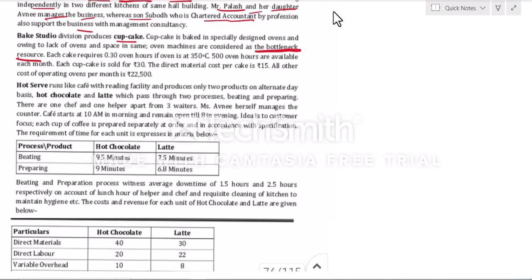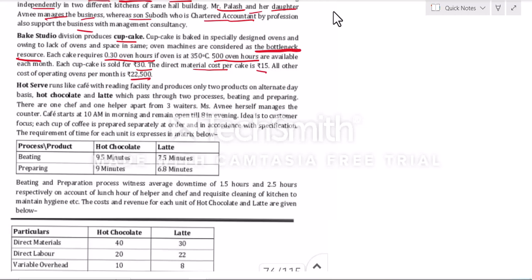Each cake requires 0.3 oven hours if oven is at 350 degrees Celsius. 500 oven hours are available as of now for them. Each cupcake is sold for 30 and direct material is 15. All other cost of operating ovens is 22,500. All other cost in the sense fixed cost, factory cost is 22,500.